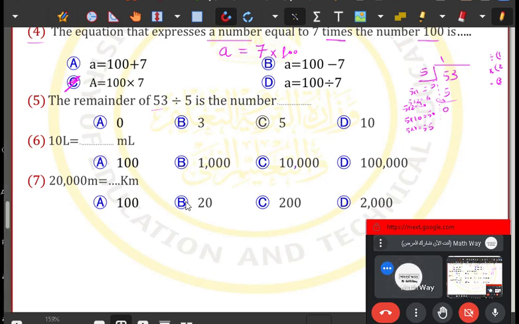Okay, so now we are going to drop down this 3.